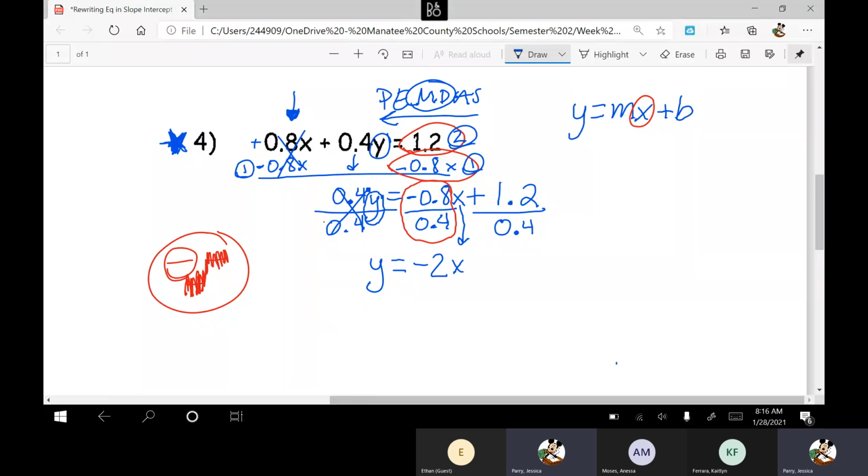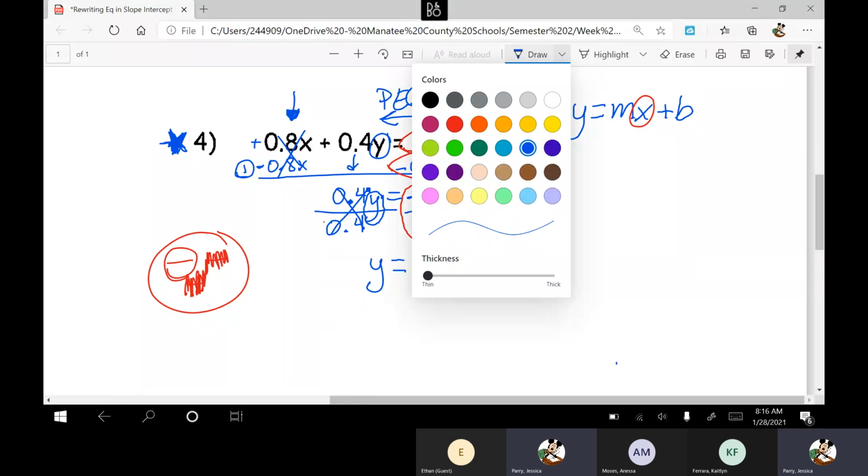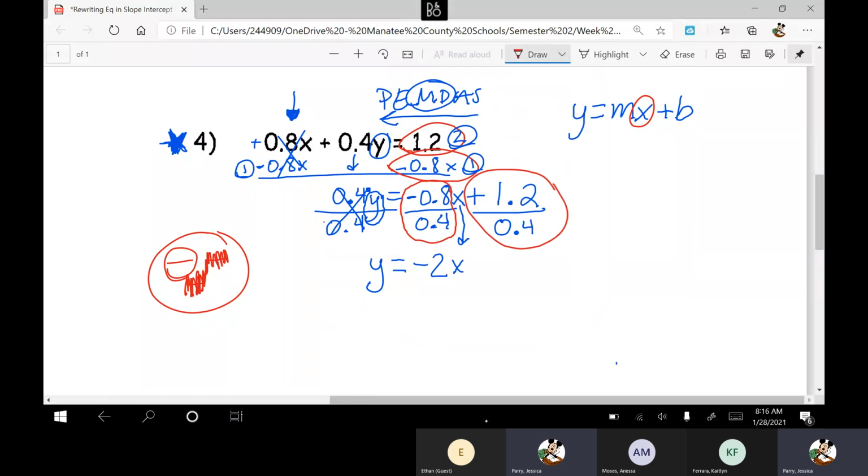Let's keep on going. And then our last set of division here, we have positive 1.2 divided by 0.4. Plug that into your calculator and tell me what you get.